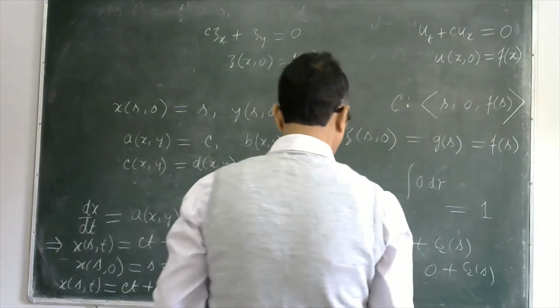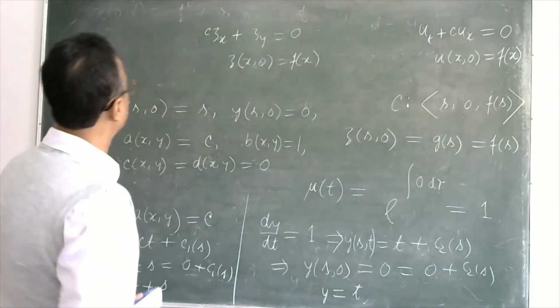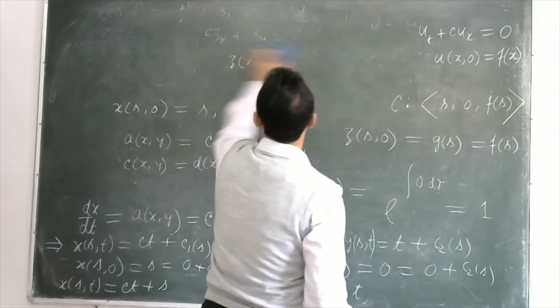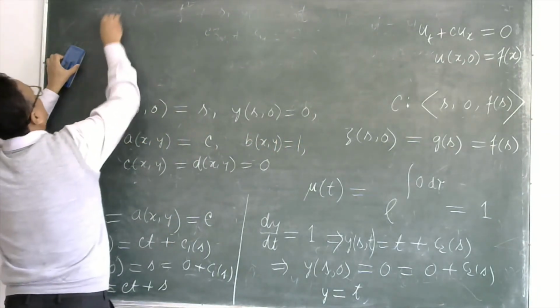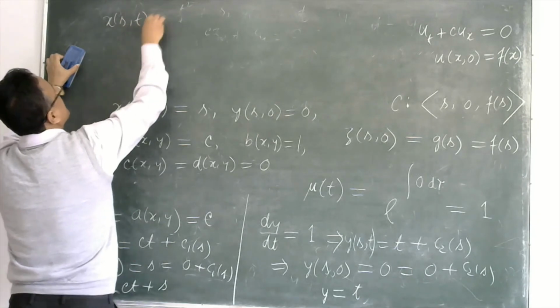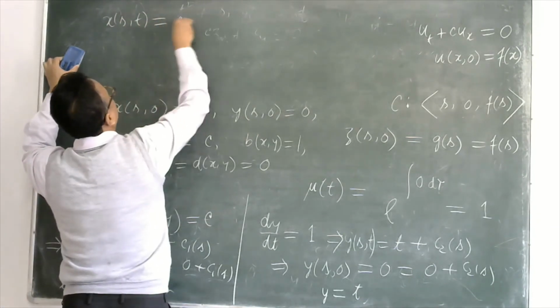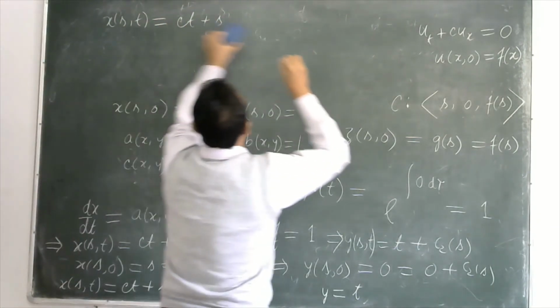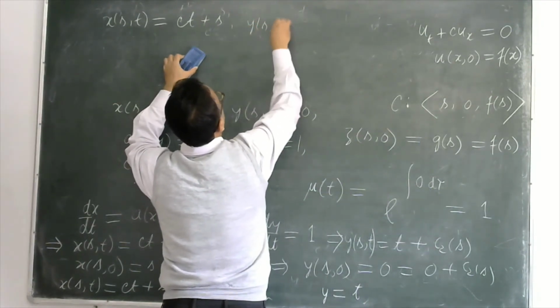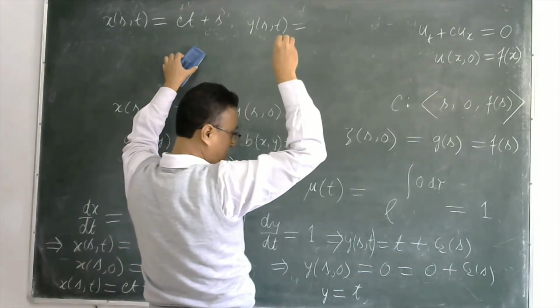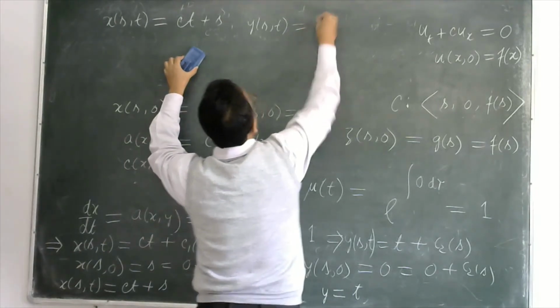So what we got is x(s,t) equal to ct plus s, and y(s,t) equal to simply t.